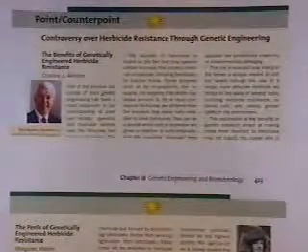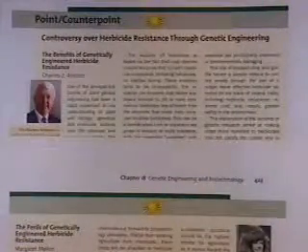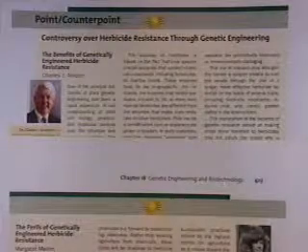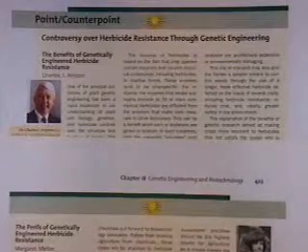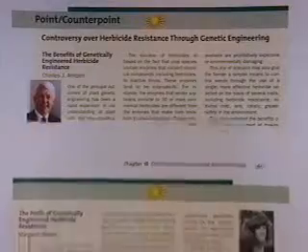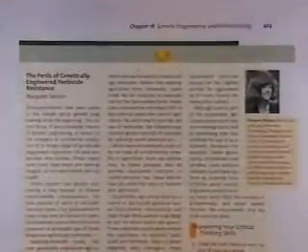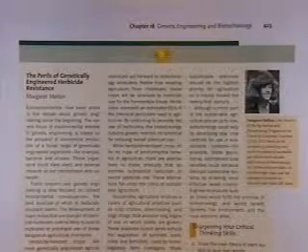And it is a point, counterpoint, on the controversy over herbicide resistance through genetic engineering. So the point is provided by Charles Arntzen, and then the counterpoint is provided by Margaret Mellon. I scanned this in, and it's posted as a PDF.